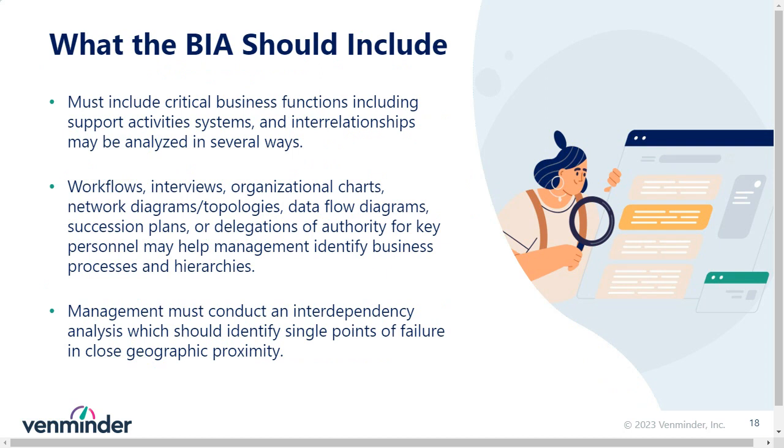All right, so I've mentioned BIA a lot so far, so let's discuss what's involved in the BIA process. Management should evaluate the potential impact of disruptive events, including operational, financial, and reputational impacts, as well as all other types of risk. Management should establish recovery objectives after determining the impact of a disruption.